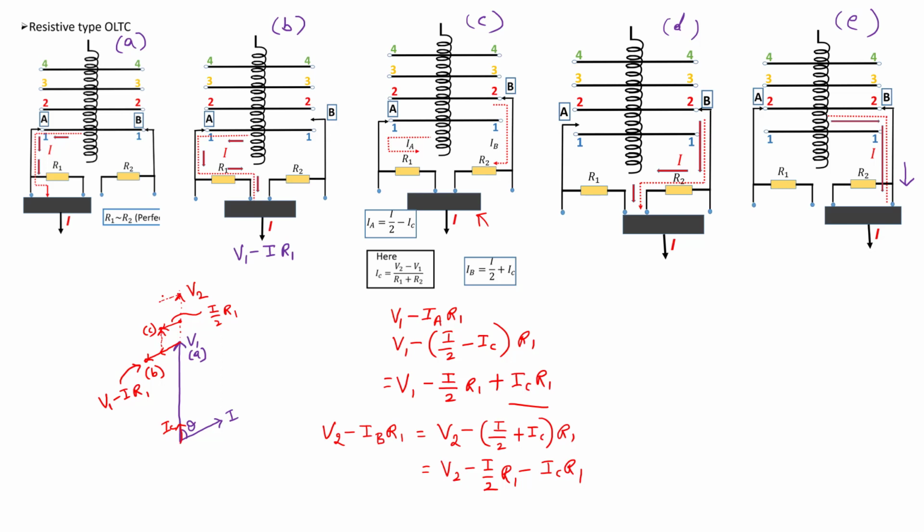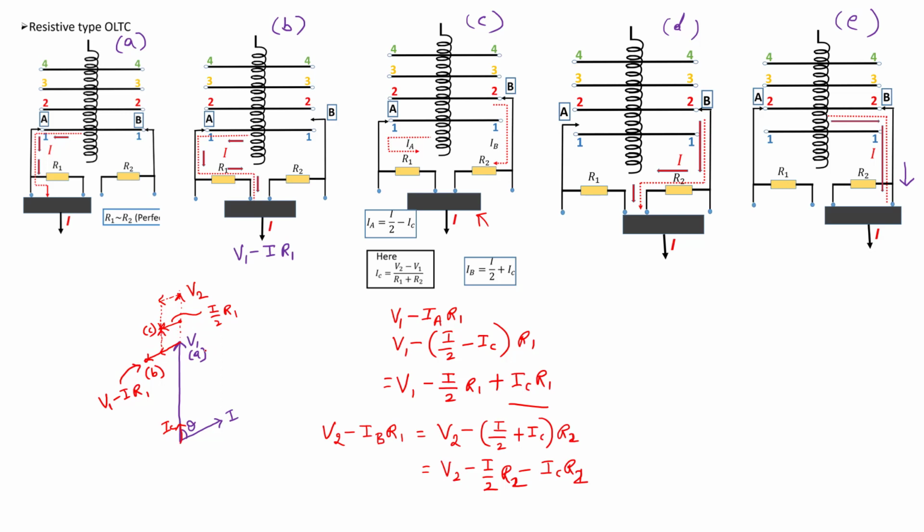Exactly similarly in this direction, I by 2 into R2, sorry, this is R2, here R2 will come. Already I told that R2 is chosen to be almost equal to R1. So minus IC into R2 will be like this. So from V2 also you can come, from V1 also you can come.